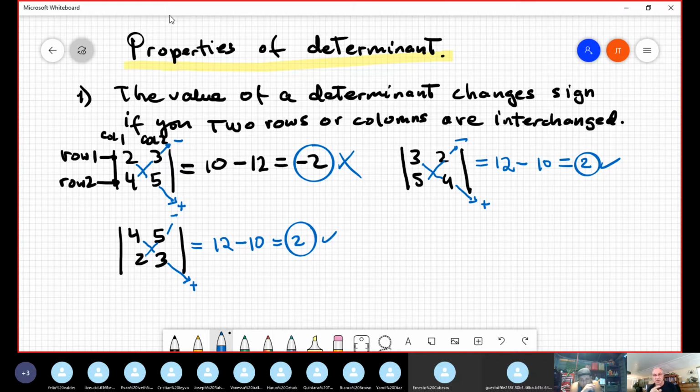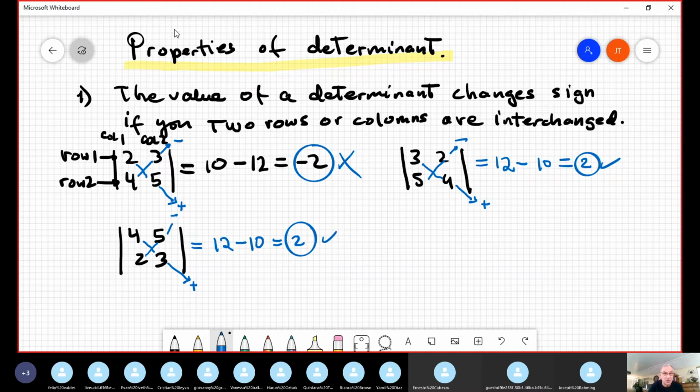Therefore, it's negative 1 and negative 1, double minus, stays the same, because you change twice, or an even number of changes, the same value. Si es even, y si es odd, you interchange 1 time, 3 times, 5 times, entonces the sign obviously changes.